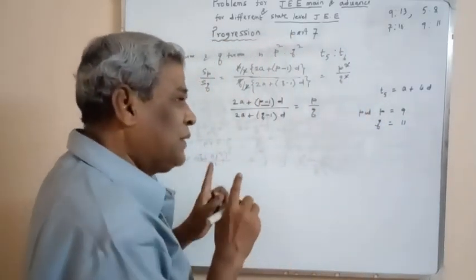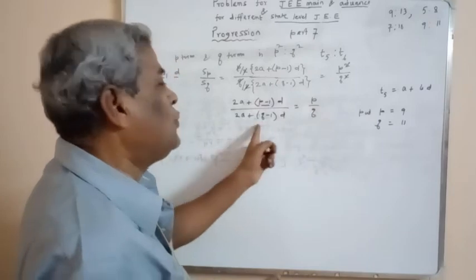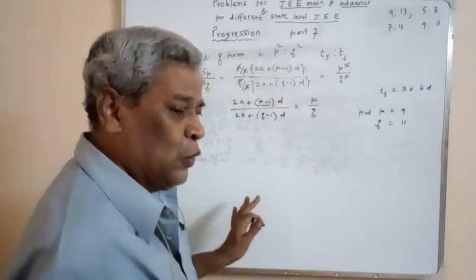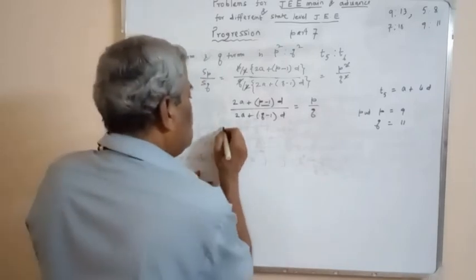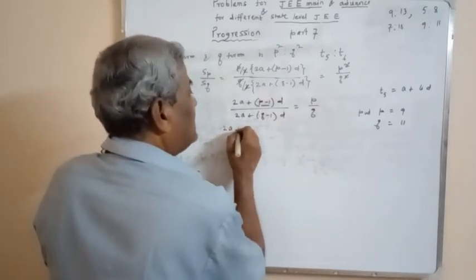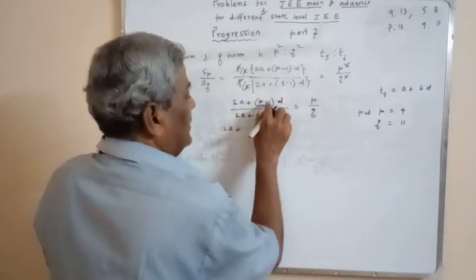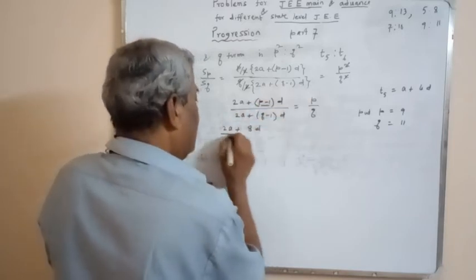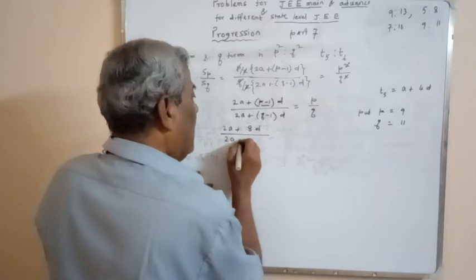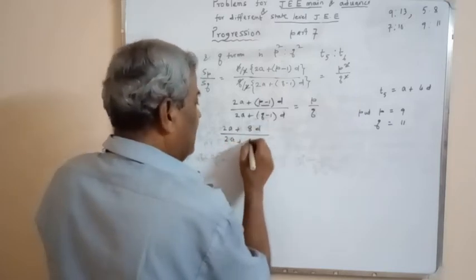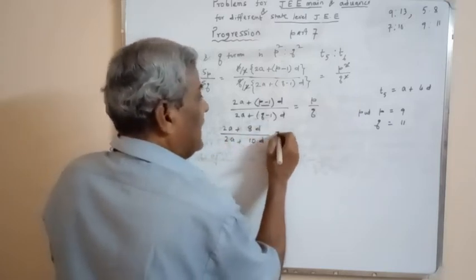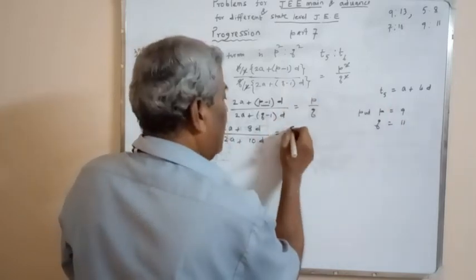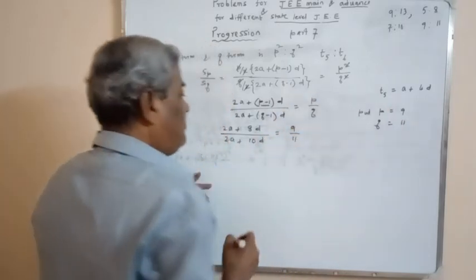Now putting p is equal to 9 and q is equal to 11 on both sides, equality must hold. In that case, 2A plus, p is 9, so 8D by 2A plus this is 10D. That should be equal to p by q, I put 9 by 11.